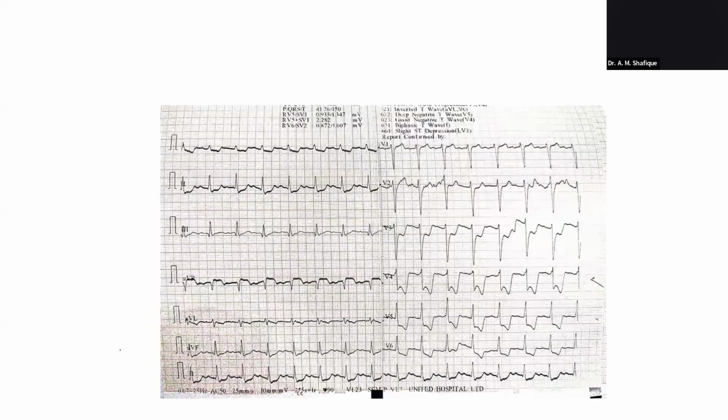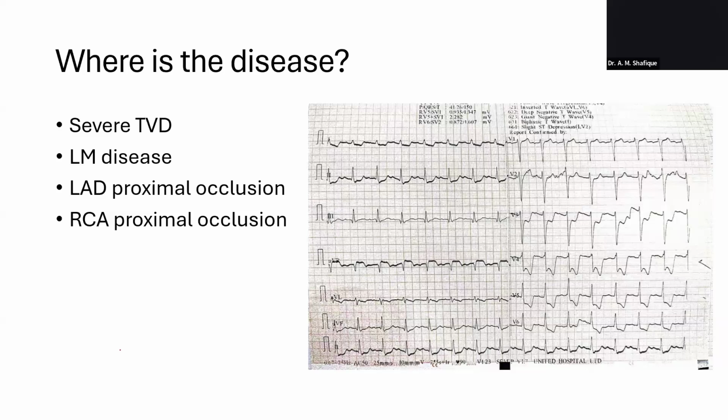And then we did the echocardiogram. Bedside, it showed 25 to 30%. And where is the disease? We did intervention later on. Whether it is severe TVD, left main disease, LAD proximal occlusion, or RCA proximal occlusion.